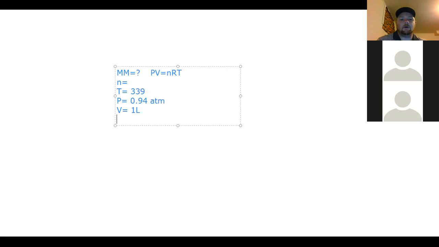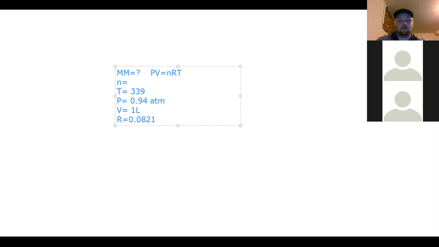Okay, so we have all those. And then the R that we're going to want to use will be, since we now have that in atmospheres, 0.0821. Okay. That's going to be liters atmospheres divided by moles times Kelvin.